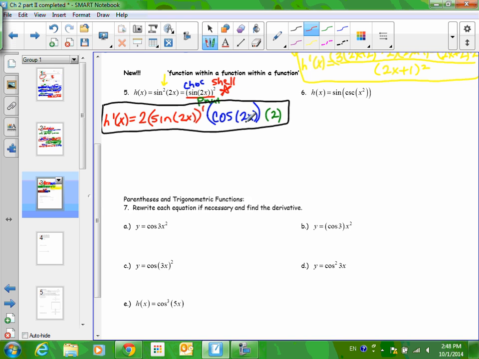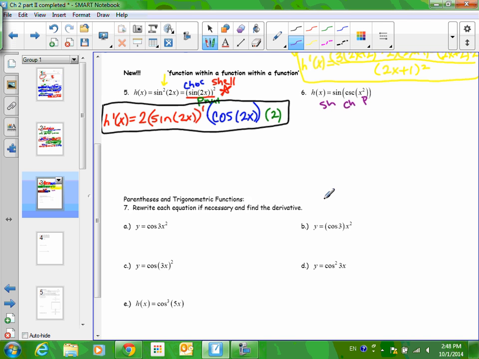Okay, I color-coded this one, but I'm not going to do that on every problem, okay? So let's look at number 6. This one's a little bit easier, I think, to tell what's the shell and the chocolate and the peanut. If you just go outside in, sine is the shell, cosecant is the chocolate, and x squared is the peanut.